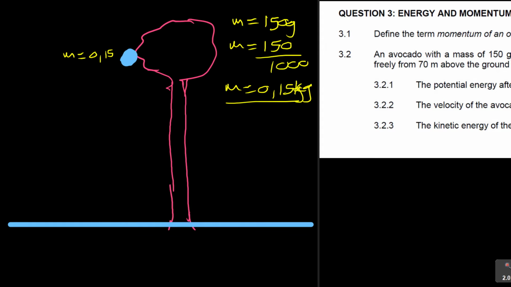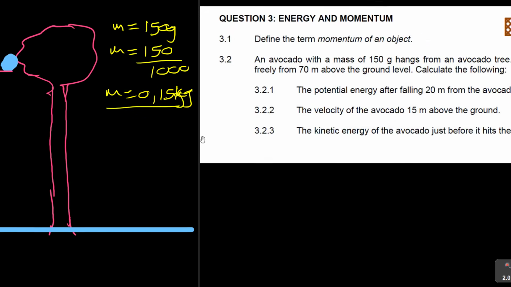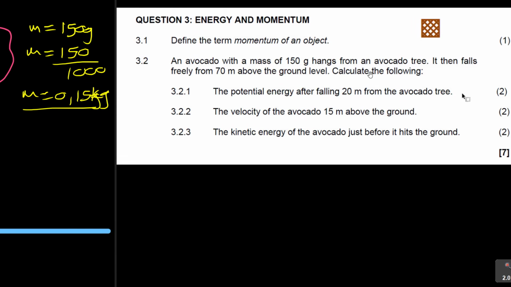So the distance from the ground to that avocado, they are telling you, is 70 meters. You need to be aware of that information. And then it says calculate the following.